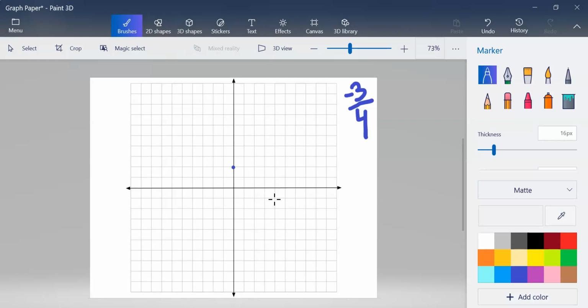Notice that in the y direction, negative is down. In the x direction, positive is to the right. So that's why I went down and to the right. Here, down 3, 1, 2, 3, over 4, 1, 2, 3, 4. And so you see this pattern.